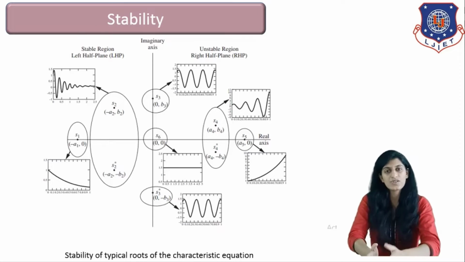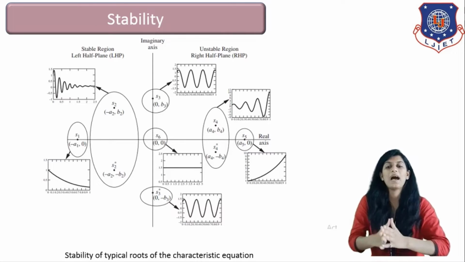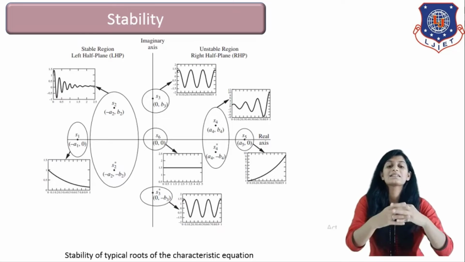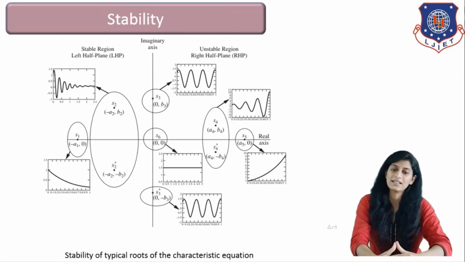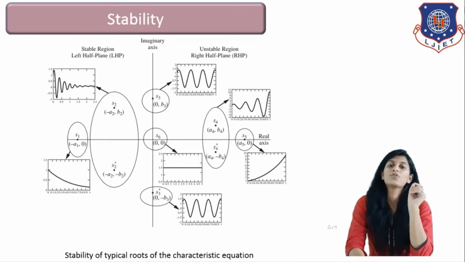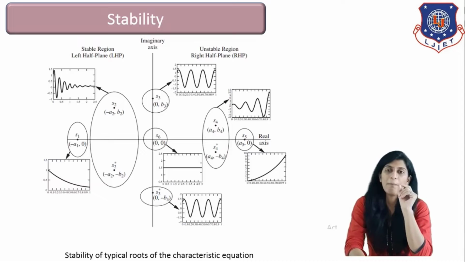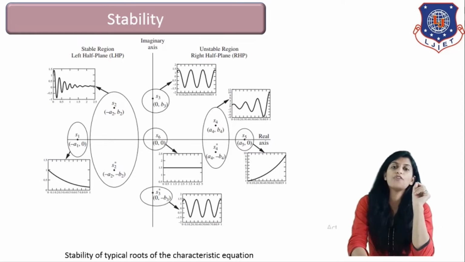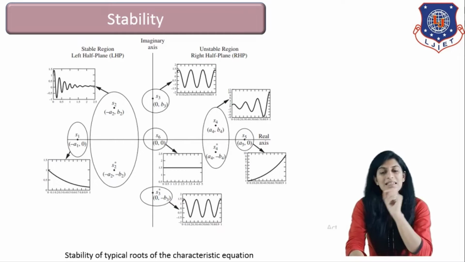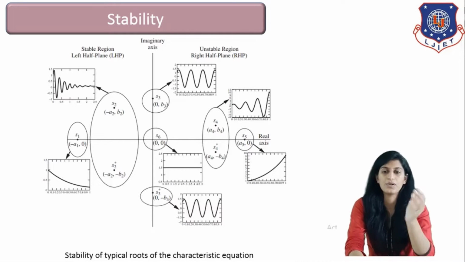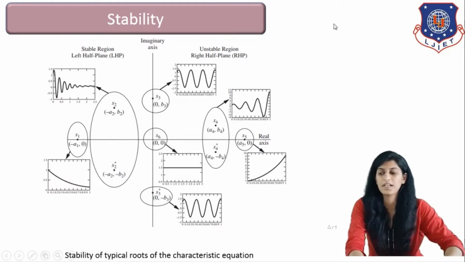Using that relationship, we determine a characteristic equation, which is used to determine the stability criteria. Depending on the roots of the characteristic equation, we can determine whether the system is stable, unstable or slightly unstable.